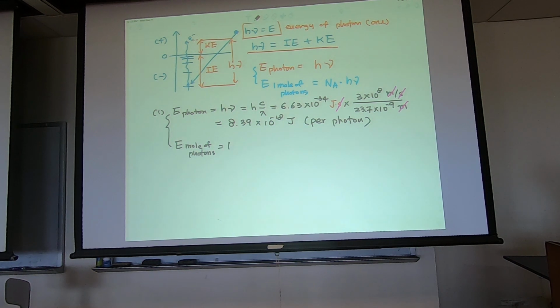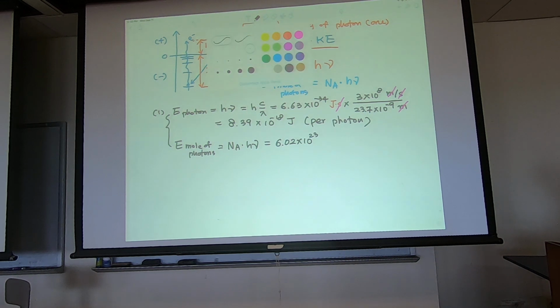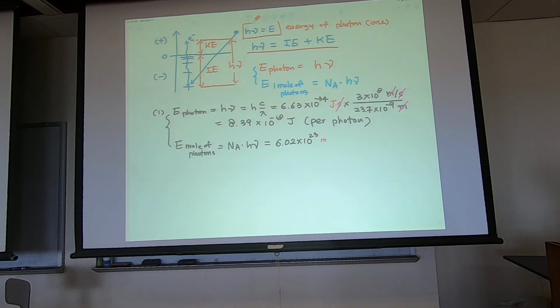And then I will also elaborate on this more. This one is Avogadro's number times h nu. I already calculated the numbers there. So all I need to do is 6.02 times 10 to the 23. That's Avogadro's number, which, as a reminder, is on a per mole basis.